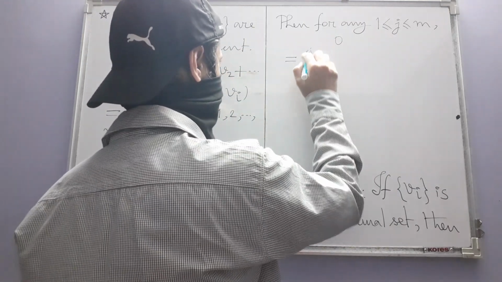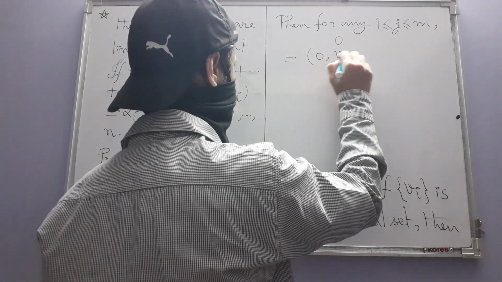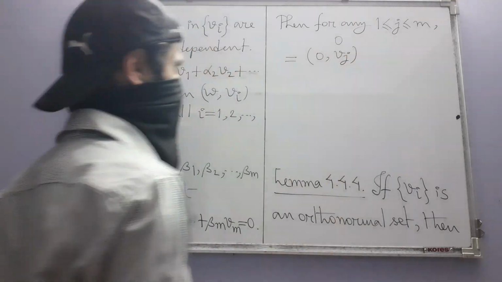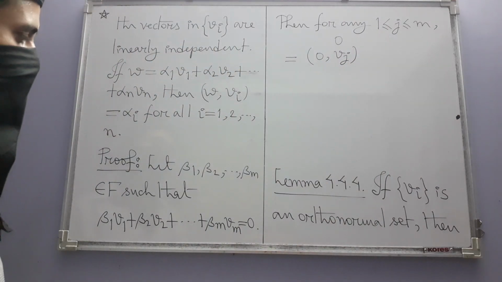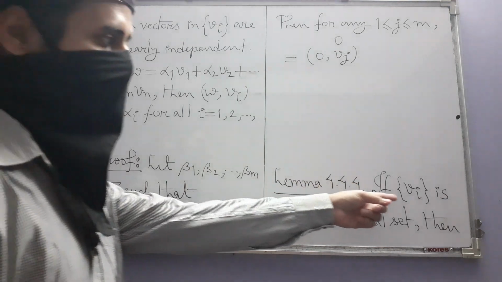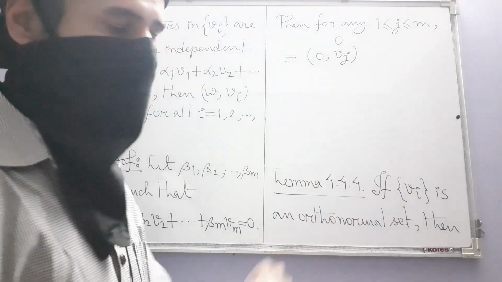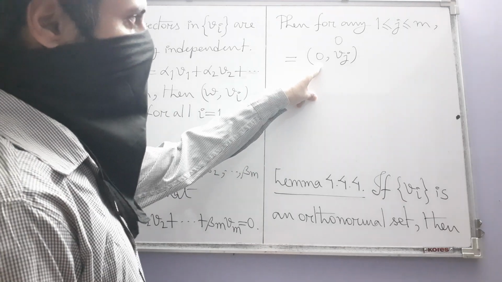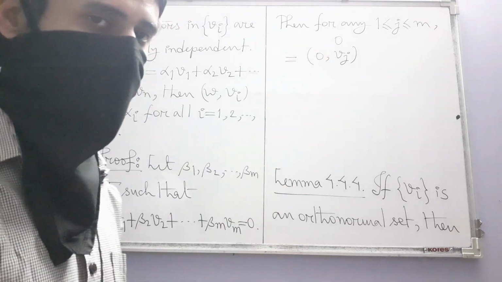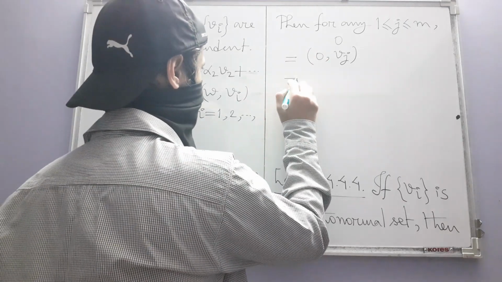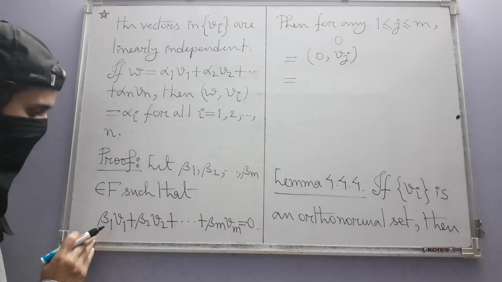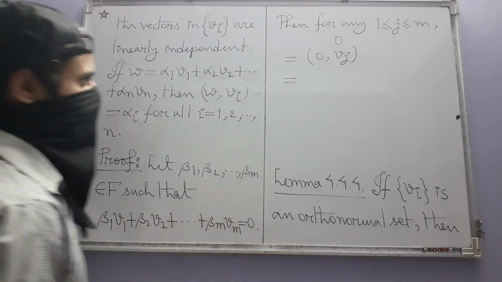0 is equal to this, definitely Vj is some V coming from this set, and this 0 is the 0 vector, this 0 is the complex number 0. Now in place of this 0 vector, we write this linear combination.